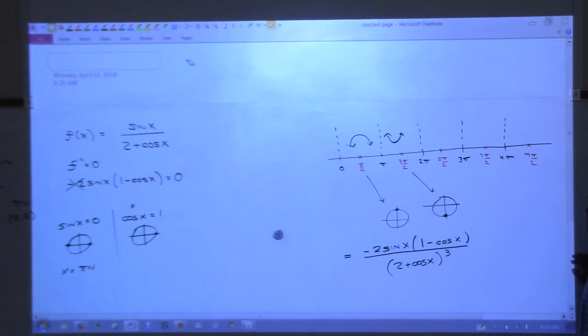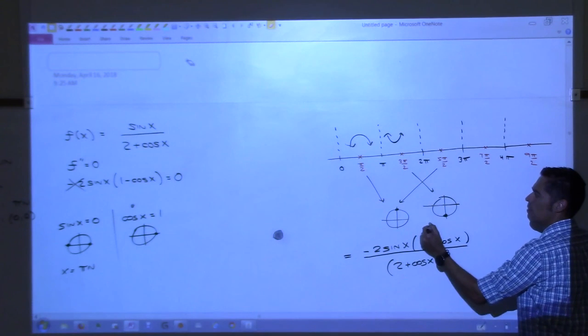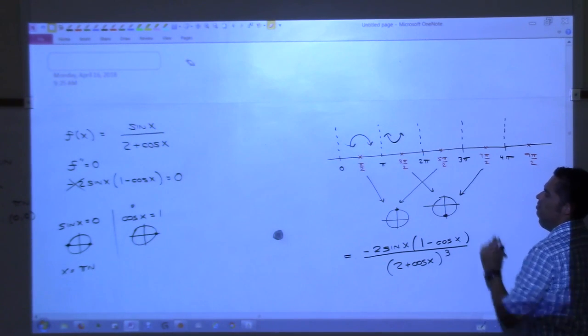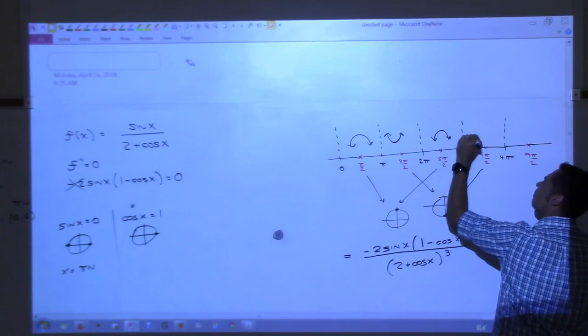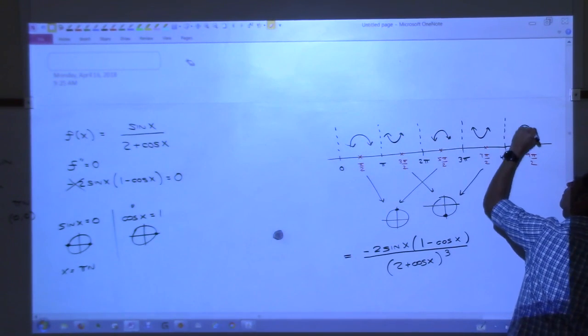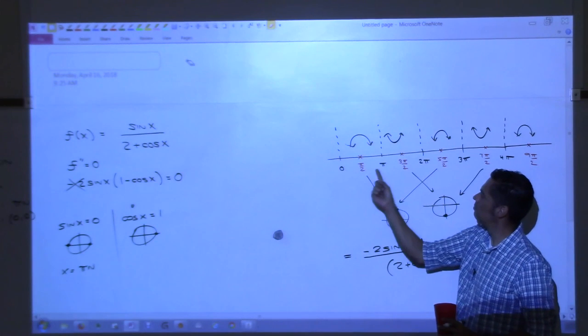And when we're at 5 pi over 2, we're back here, aren't we? It's this one again. And then this one right here is 7 pi over 2. So it's just going to keep repeating. All right, we have inflection points at every multiple of pi, right?